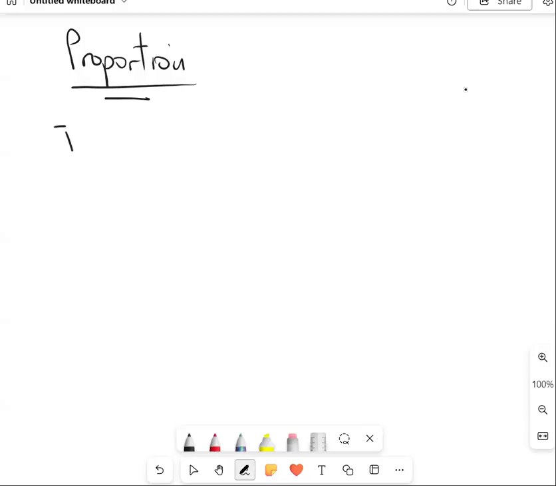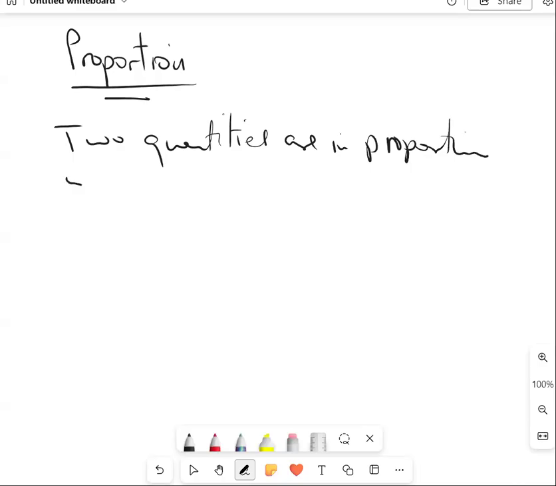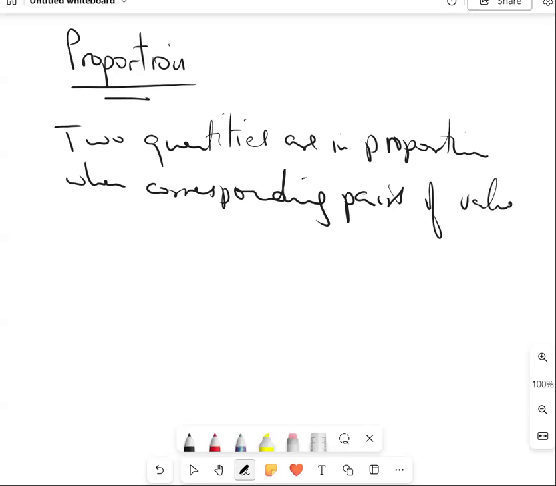We can say that two quantities are in proportion when corresponding pairs of values are in the same ratio.